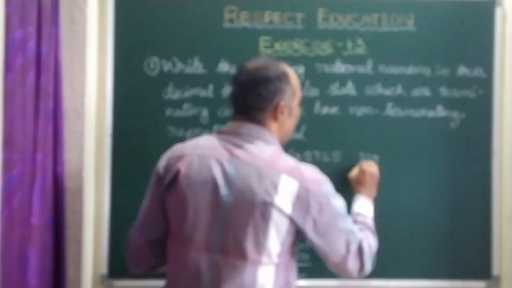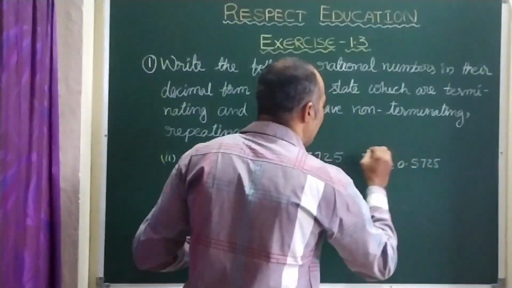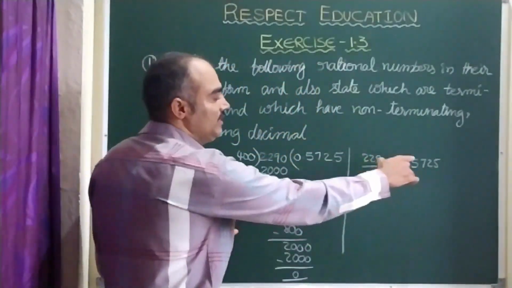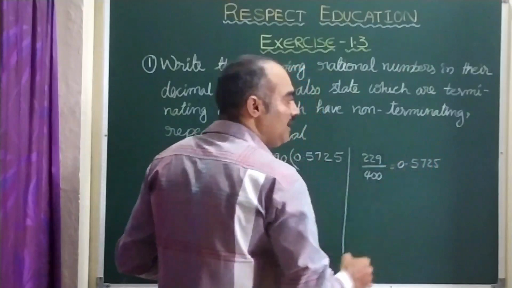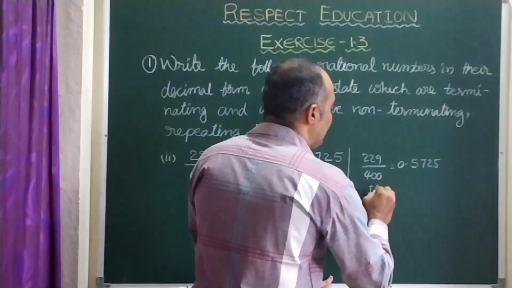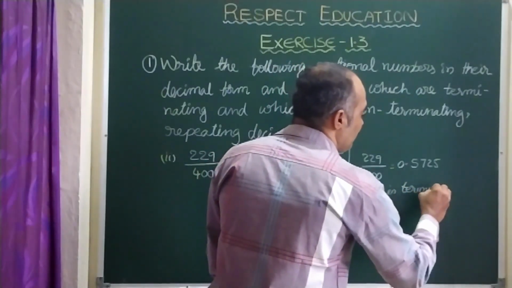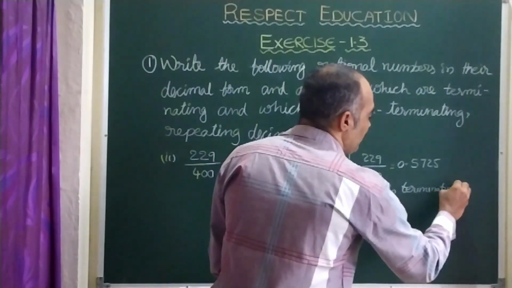So let us write 229 divided by 400 is equal to 0.5725. See, it has ended. It has an end. So we can say that it is a terminating decimal.